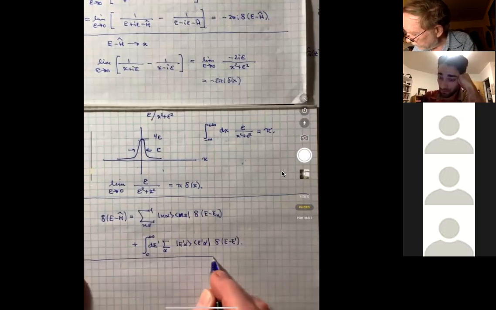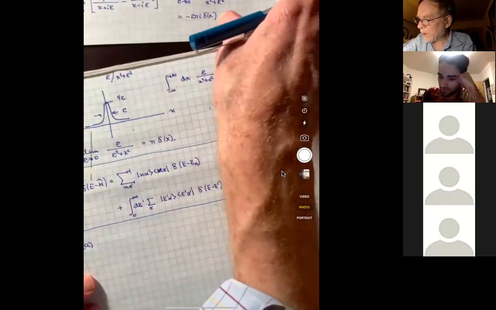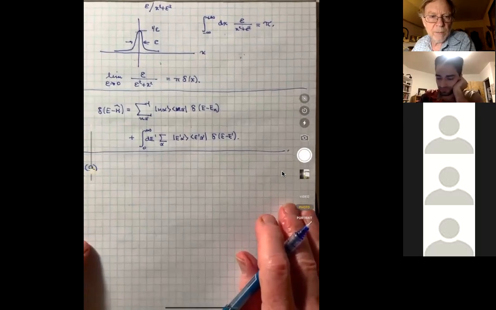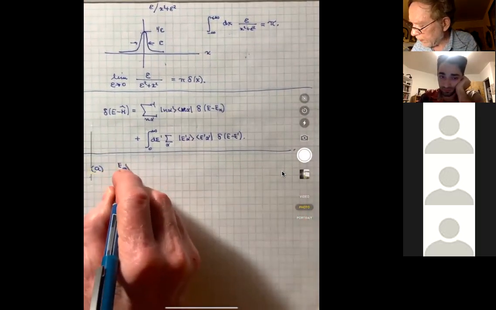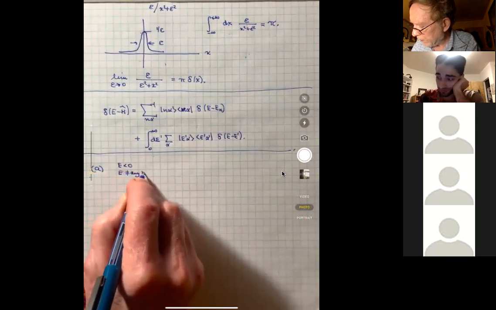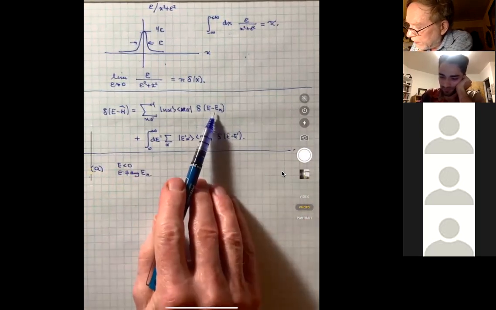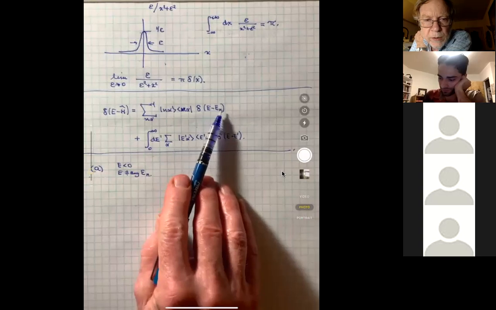All right. So let's look at this in the three cases, A, B, and C. Let's look at this difference between G plus and G minus in these three cases. So case A, I'll remind you, is E negative and E not equal to any En. Now, if that's so, then this delta function on the negative energy terms is 0 because E is not ever equal to any En, and so that's interpreted as 0.